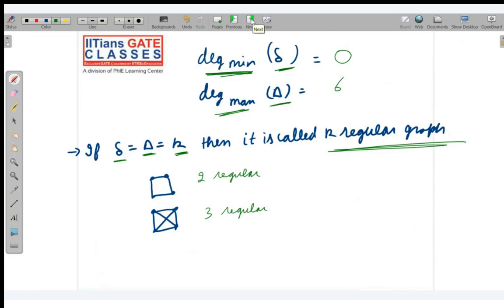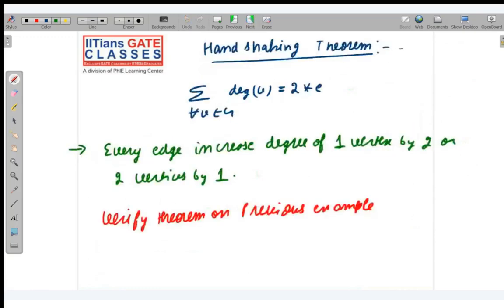Now another theorem is coming, very important. Many questions have been asked in GATE directly or indirectly from this handshaking theorem. What is the handshaking theorem saying? Very simple: sigma, the sum of the degrees of all the vertices, is twice the number of edges. So sigma degree V is equal to twice the number of edges.